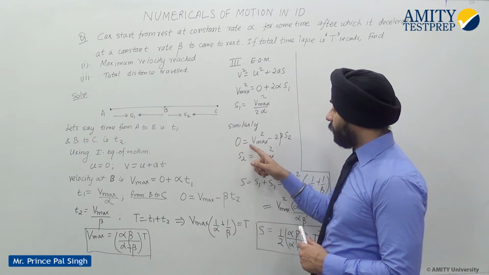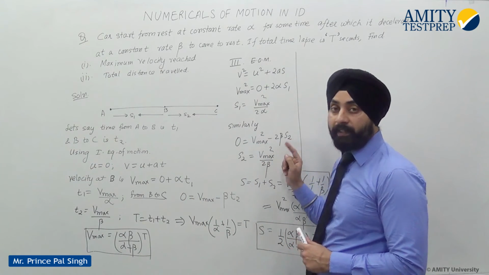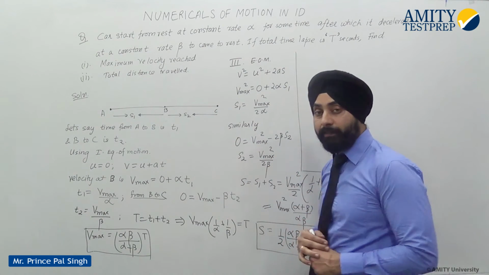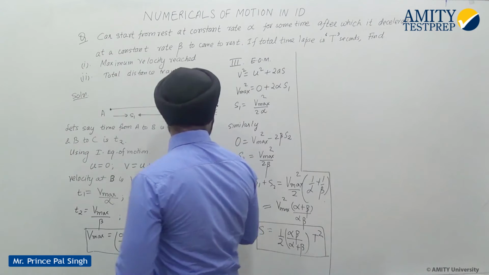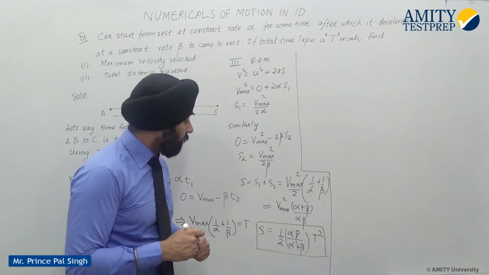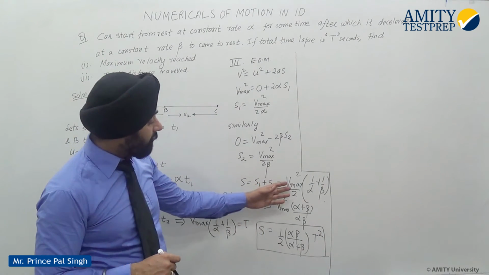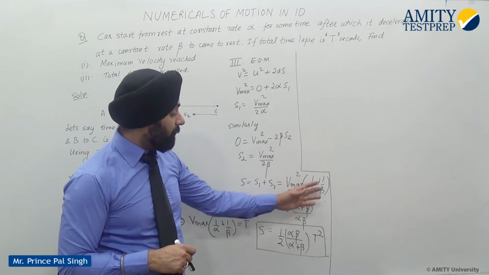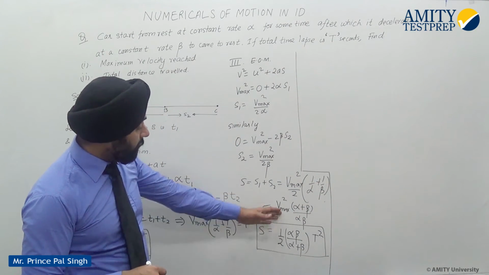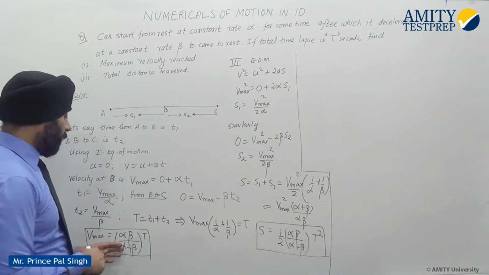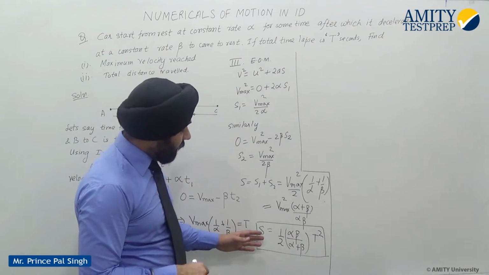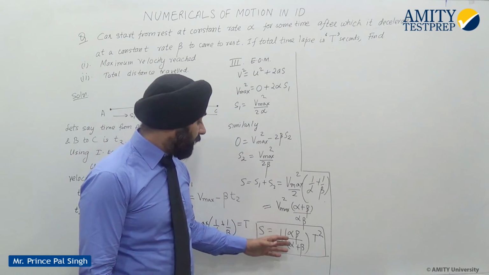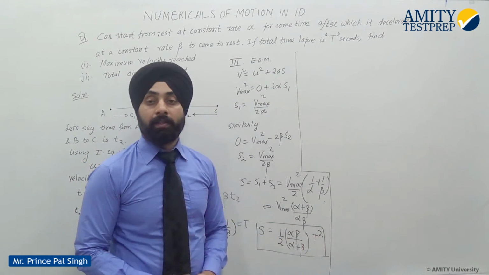So 0 equals V max square minus twice beta S2, so S2 equals V max square upon twice beta. If I add these two, S1 and S2, I get V max square by 2 times the bracket 1 upon alpha plus 1 upon beta, and putting the value of V max from here, we get the distance travelled by the car: half alpha beta upon alpha plus beta into T square.